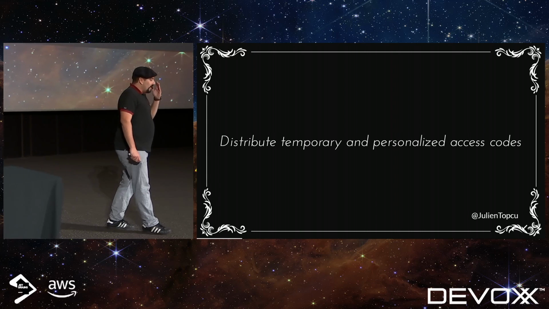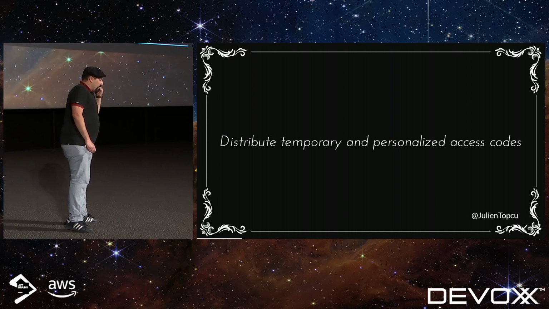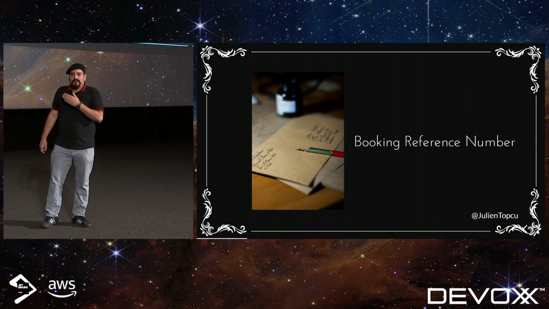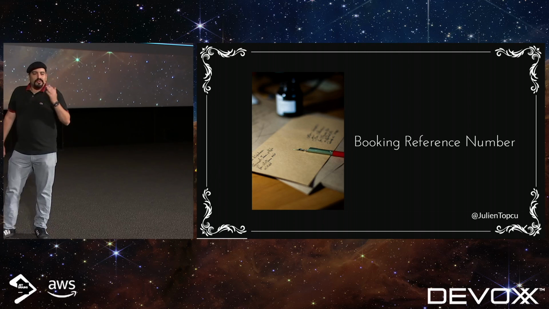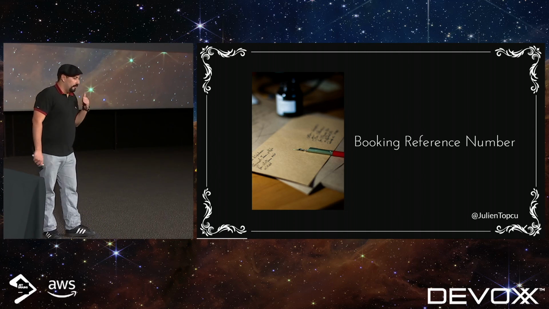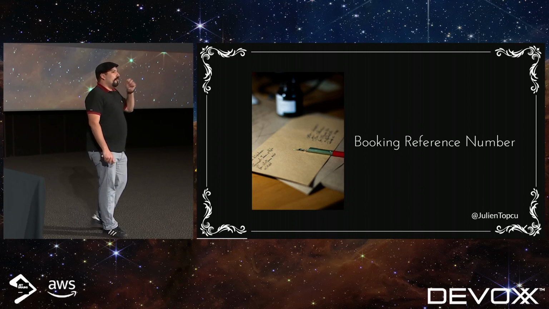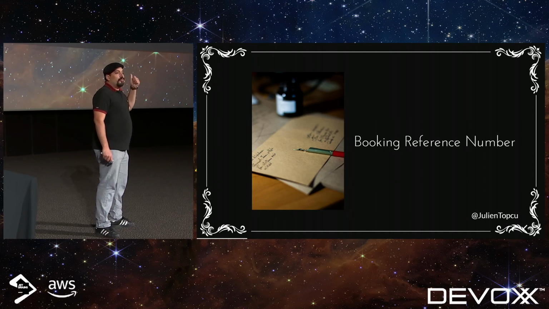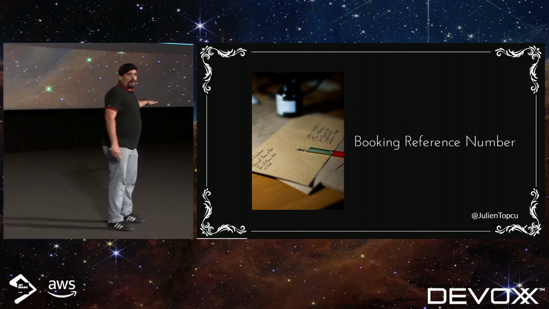And we were wondering what can be temporary and unique in the case of a hotel reservation. And we found out that we can use the booking reference number. So we are in 1932, so if you want to book a room, you just have to call us by phone, and then we will send you a physical mail containing that booking reference number. And you will be able to use that to open the code lock.